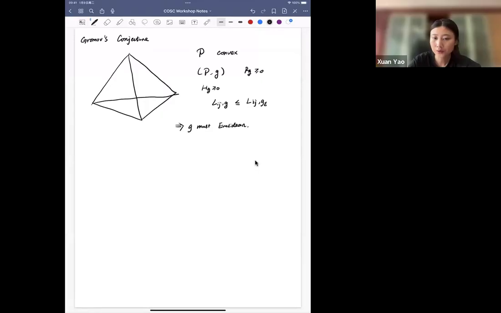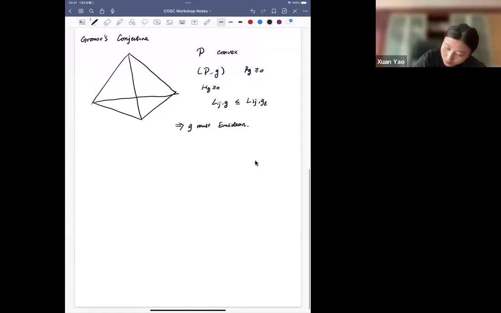Of course, in dimension 2, it follows directly from the Gauss-Bonnet formula.